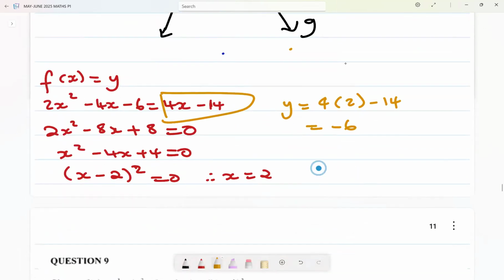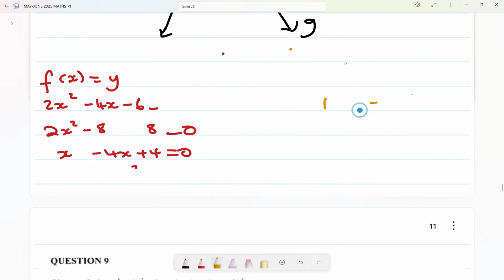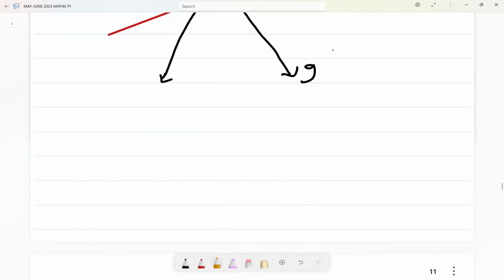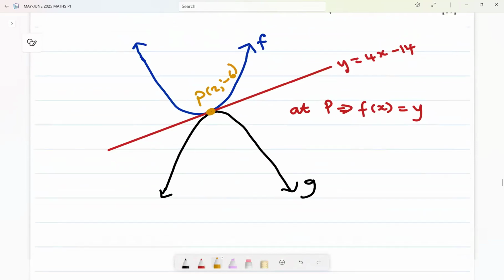Now that I have found that point, what else do I know about point P? At point P, f of x is equal to y. Also, the derivative of f is equal to the gradient of the tangent, but at a specific x coordinate.